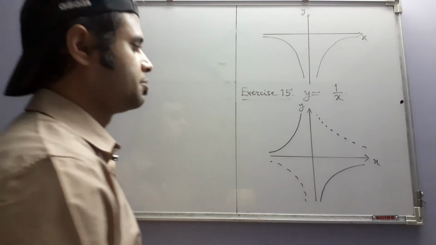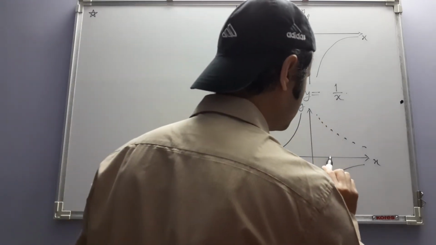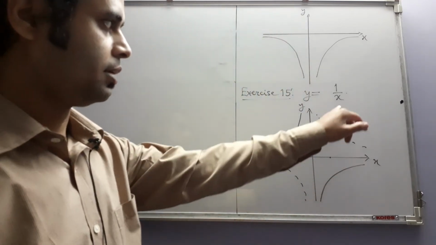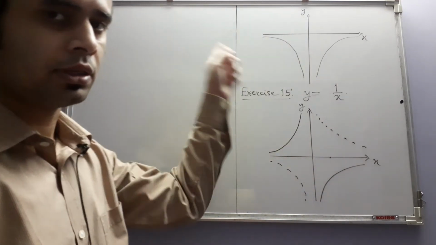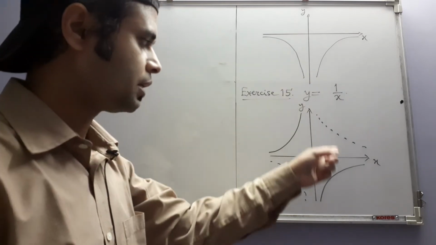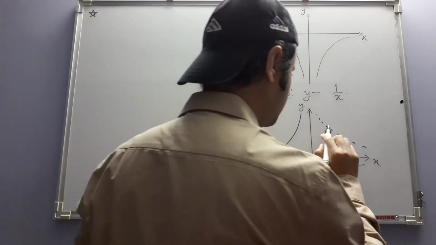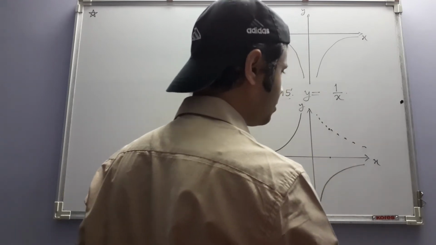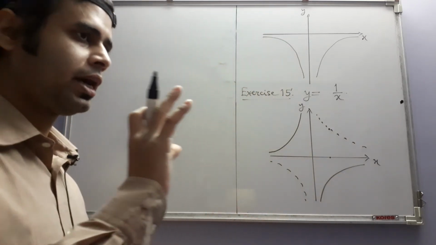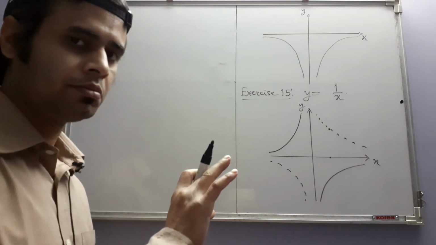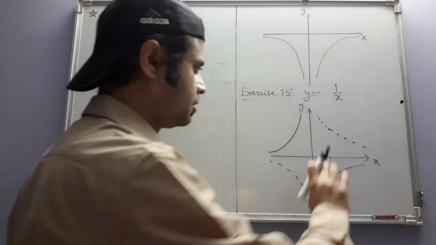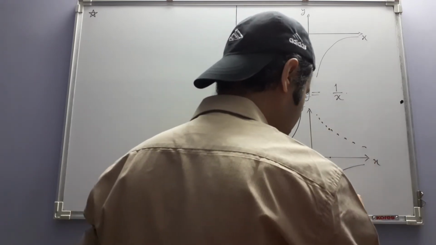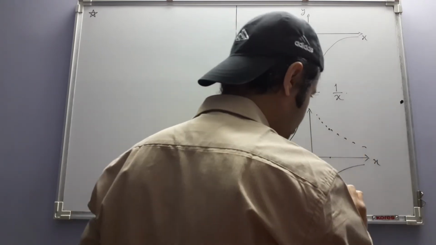Now, if you put one input from here into this function, not the one that is given here, 1 over x, then your output is here somewhere. Now the output has that same numerical value but is negative. So instead of here, it will be here at an equal distance.